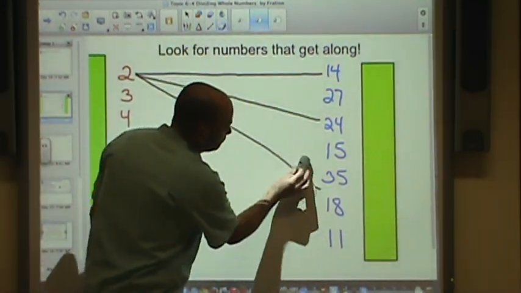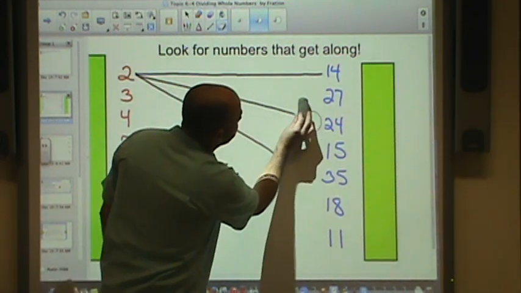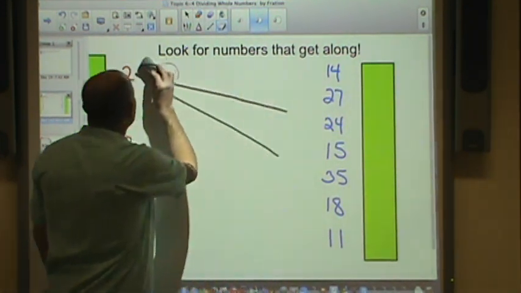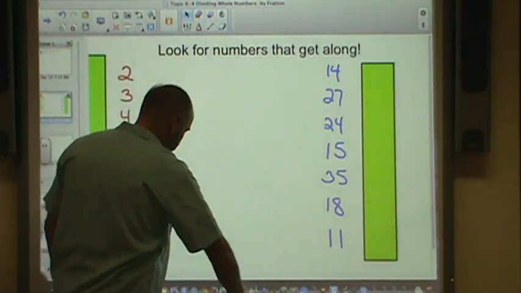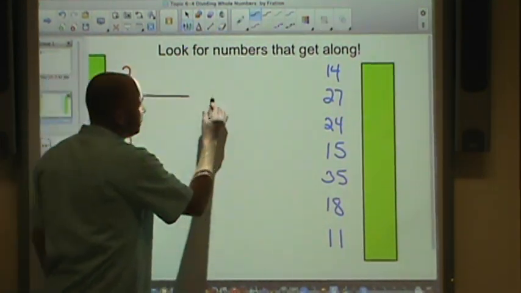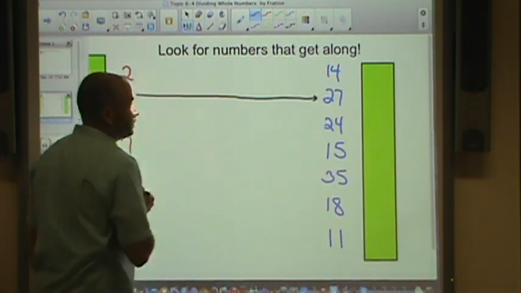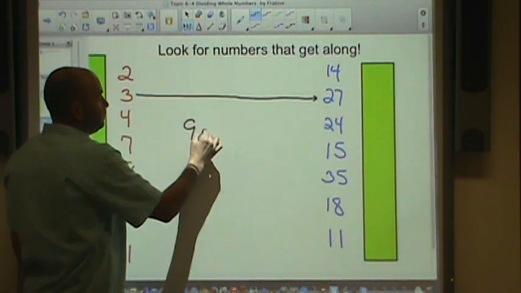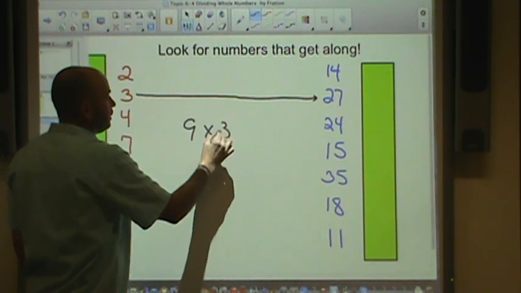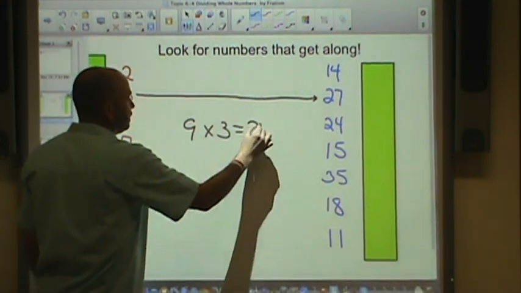3 is certainly going to get along with the number 27, because we know that 9 times 3 equals 27.